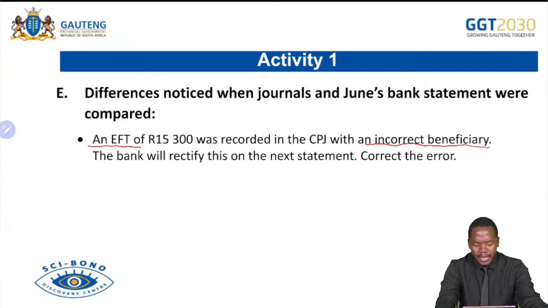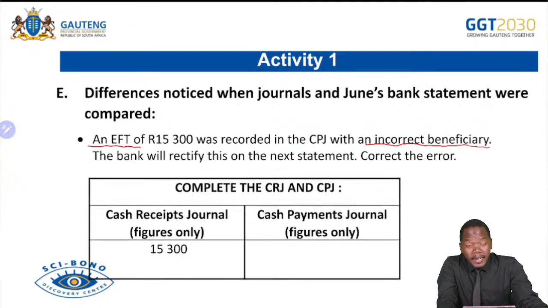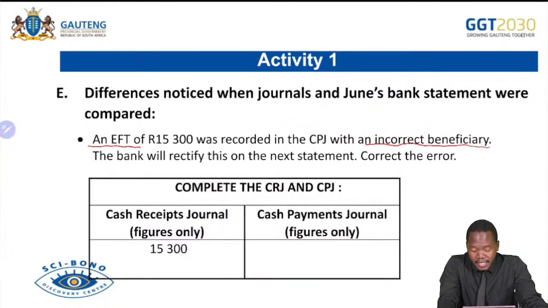The bank will rectify this on the next statement, so you need to correct that particular error. Check what is happening here. A CPJ amount was recorded with an incorrect beneficiary. So we will record it under the cash payment journal as 15,300. Remember, if we want to correct CRJ, we can record it on the CPJ.